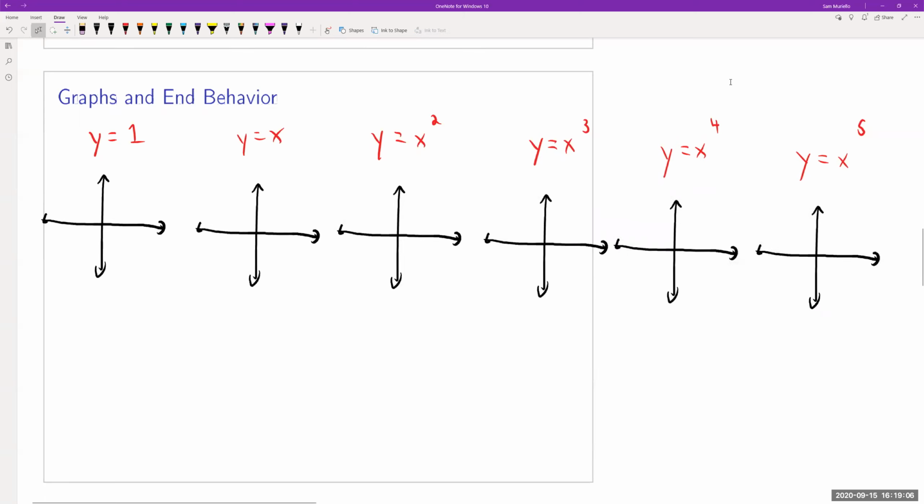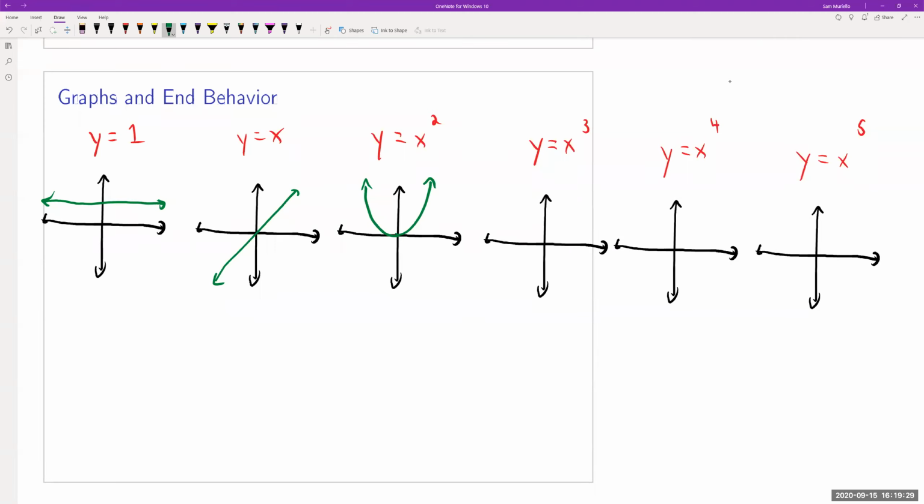So if I was going to graph y equals 1, that's just a constant line. Slope of 0, intercept of 1. For y equals x, we know that's from mx plus b, a slope of 1, and an intercept at the origin. X squared gives us a parabola, like so.